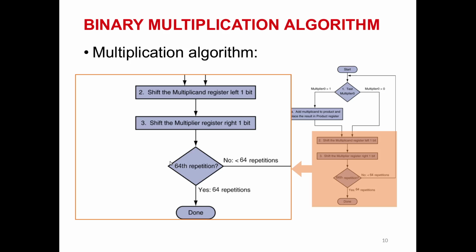If you have 4 bits, it will be 4. If you have 64 bits, the number of loops you have to do is 64. If you have reached the final repetition, your algorithm is done, and the result will be available in your product register.